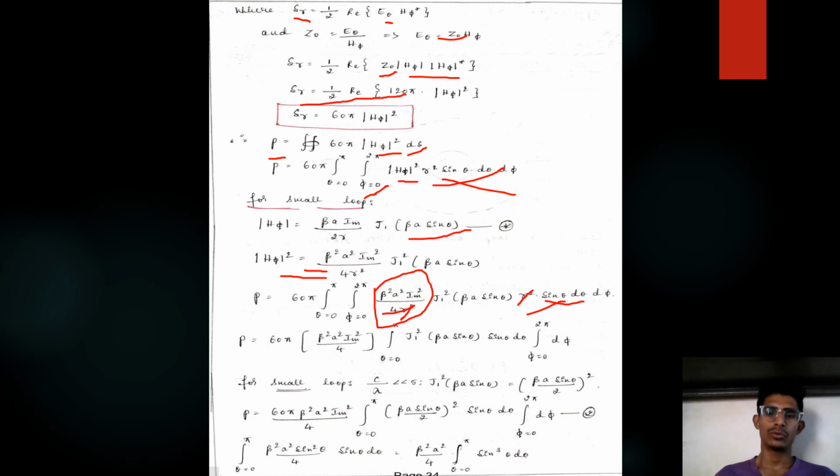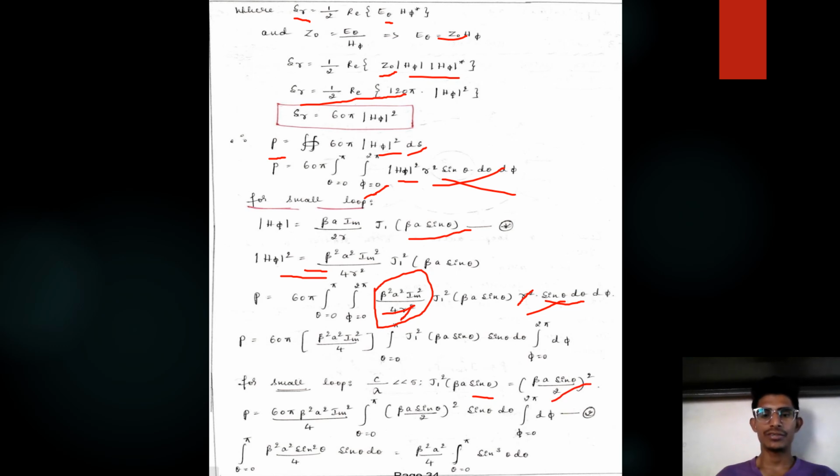We don't have any equation for d phi, just keeping the d phi. For a small loop, c by lambda is less than 5. For that J1 squared of beta a sin theta we have the equation, beta a sin theta divided by 2 whole squared. This equation is represented like this.